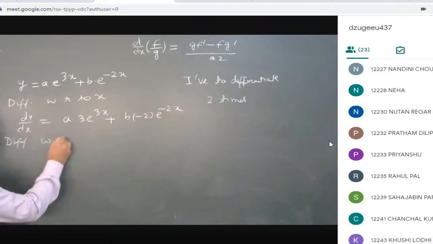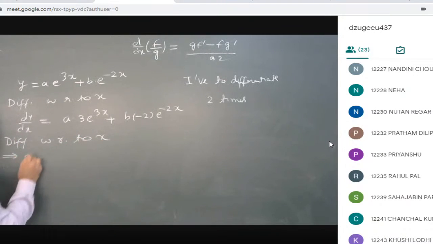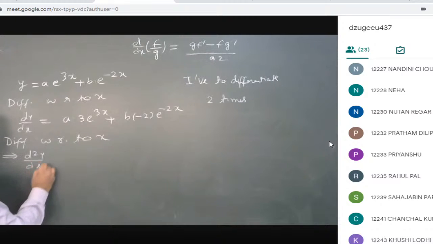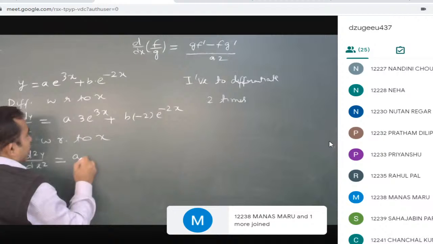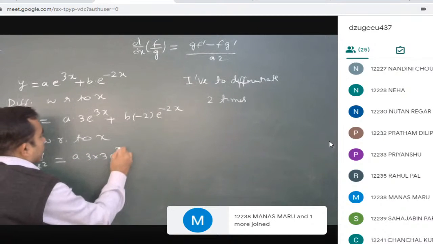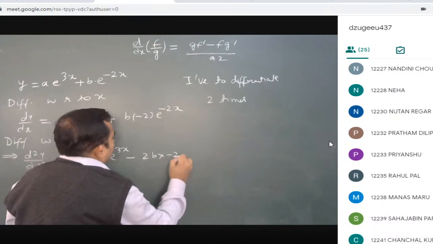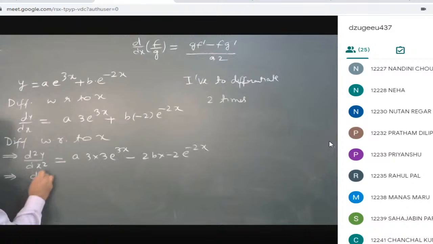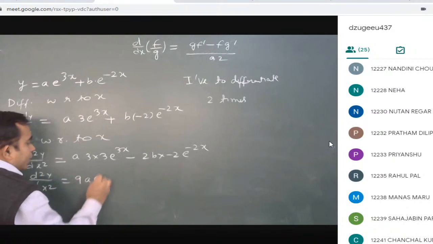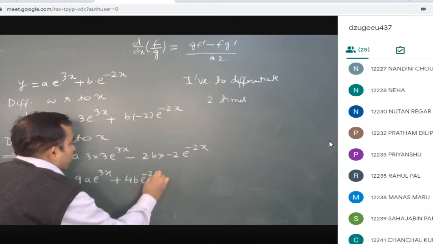Differentiating with respect to x, this will become d2y upon dx square equal to a into 3 e to power 3x minus 2b into minus 2 e to power minus 2x, which if I write again, it will be d2y upon dx square equal to 9a e raised to power 3x plus 4b e raised to power minus 2x.